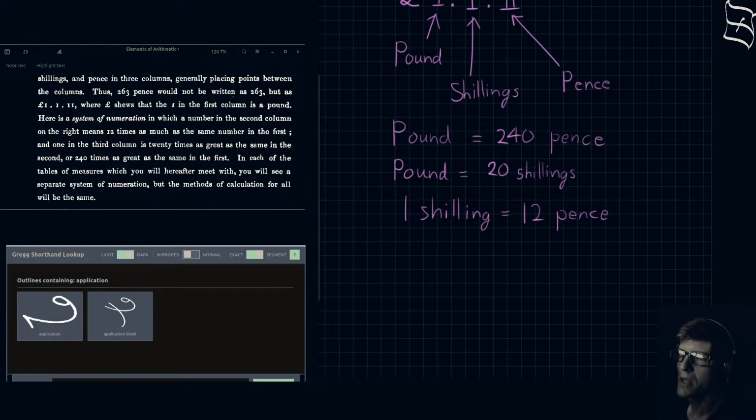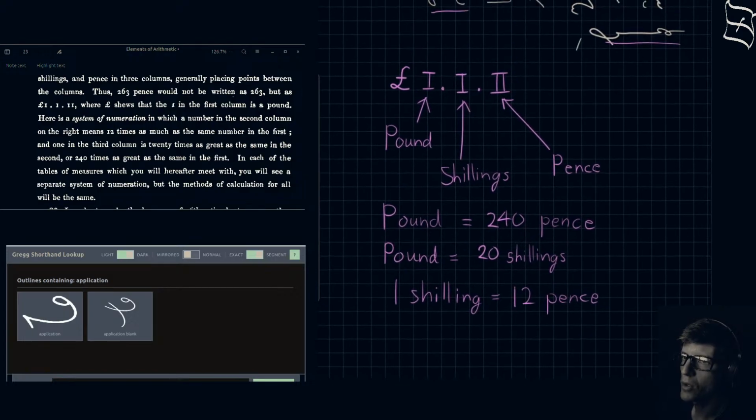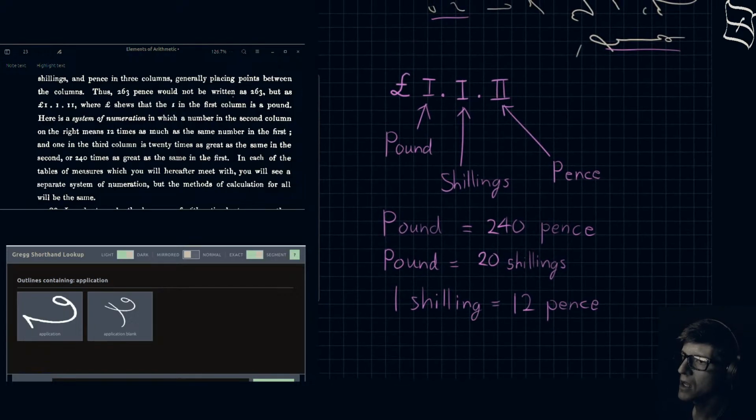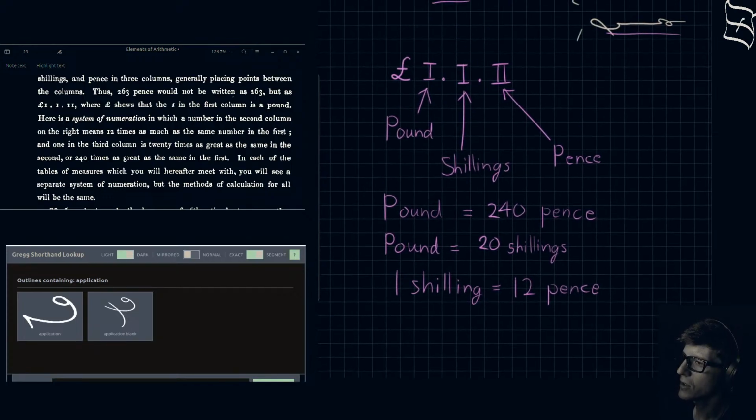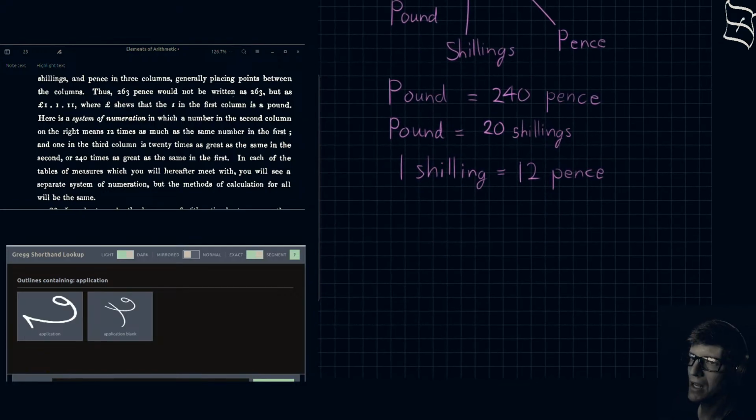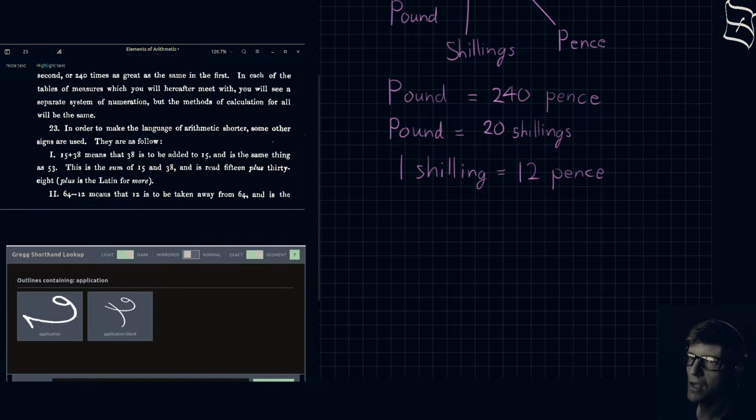So here is a system of numeration in which a number in the second column on the right means 12 times as much as the same on the first, okay? And the one in the third column is 20 times as great as the same in the second, or 240 times as great as the same in the first, okay? So remember this, a pound is 240 pence, a pound is 20 shillings, and 1 shilling is 12 pence. So it's different from the way we do money in the United States, okay?